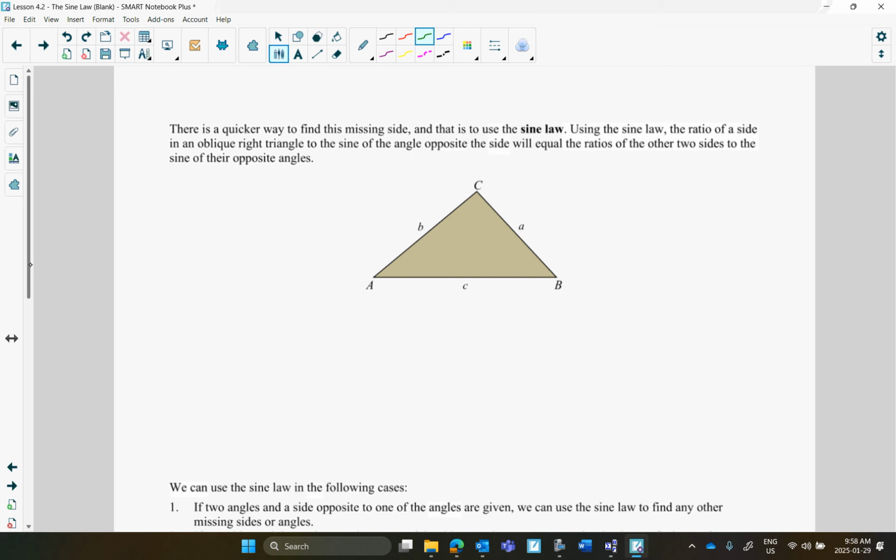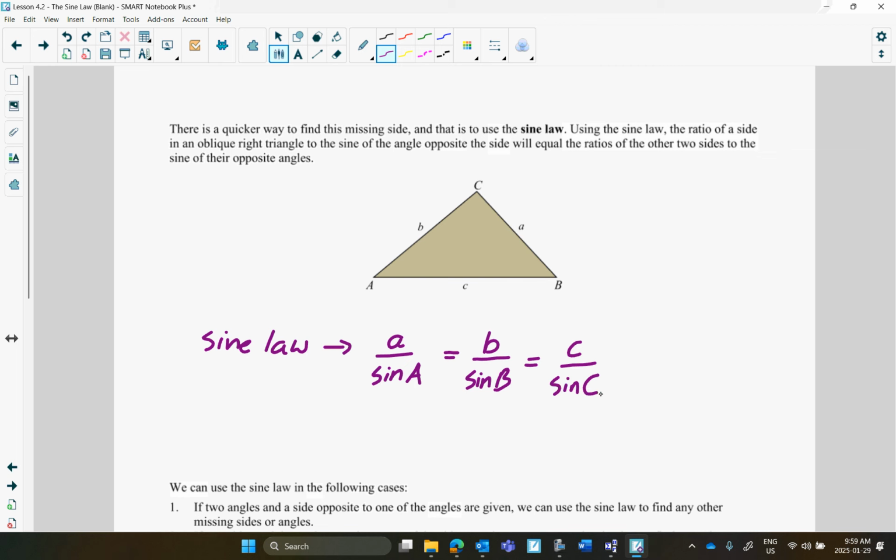Okay? So the sine law states, and you will always get this formula, that if we've got triangle ABC, capitals, with little sides a, b, c, the ratio or the fraction of little a over the sine of its angle opposite, capital A, will equal the same fraction or ratio as little b over the sine of its angle opposite, and it's going to equal the third side, c, over the sine of its angle opposite, capital C. That's the sine law.